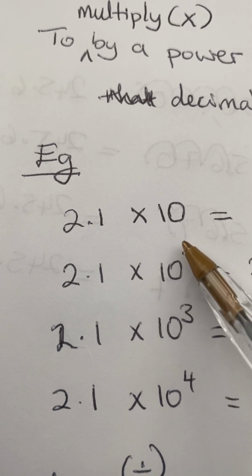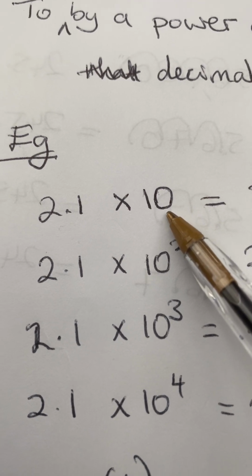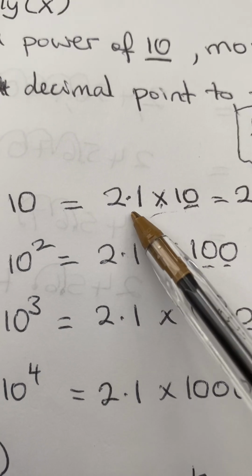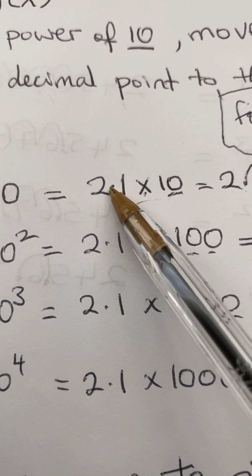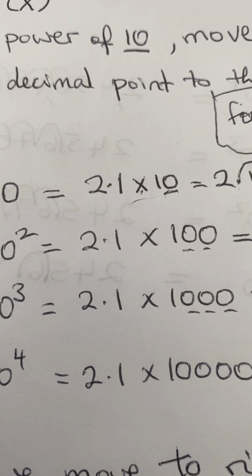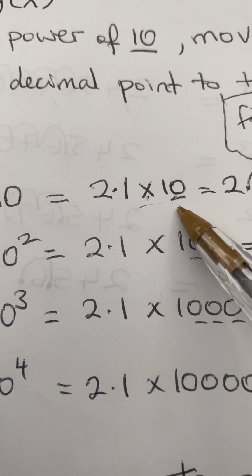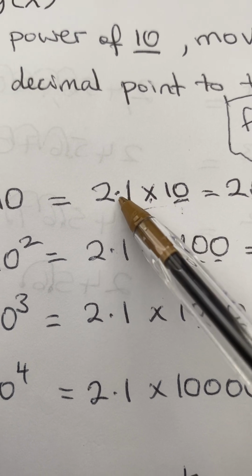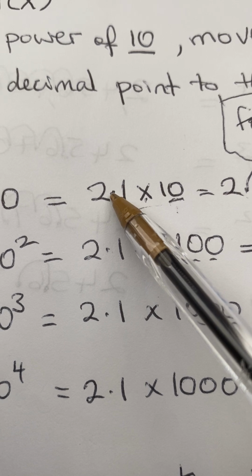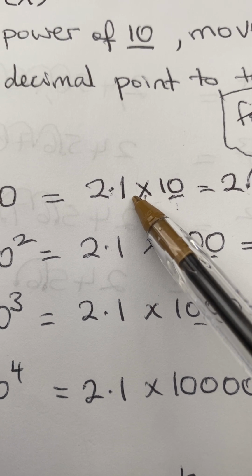But not to confuse you with that, I'm just going to show you how you should do it. Now 2.1 times 10. Okay, so here look at where the decimal place is. You are going to move it. 10 is 10 to the power 1, so it has just 1 zero. So you are going to move the decimal 1 step forward.